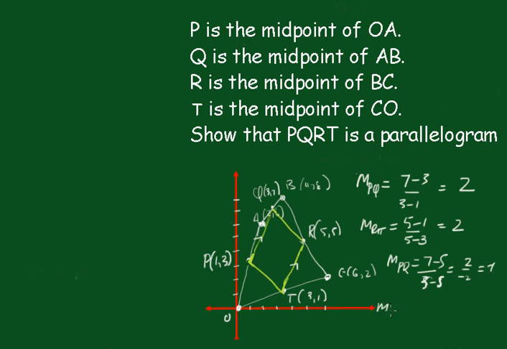Now the gradient of PT is (3 - 1)/(1 - 3), which is 2 over -2, which again is -1. So these two are both parallel as well. Therefore, PQRT is a parallelogram.